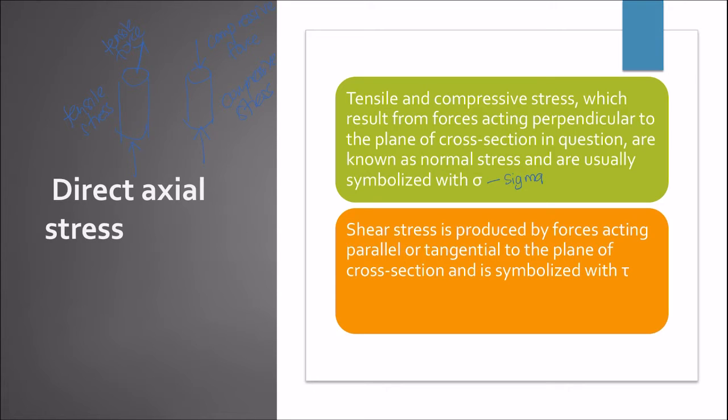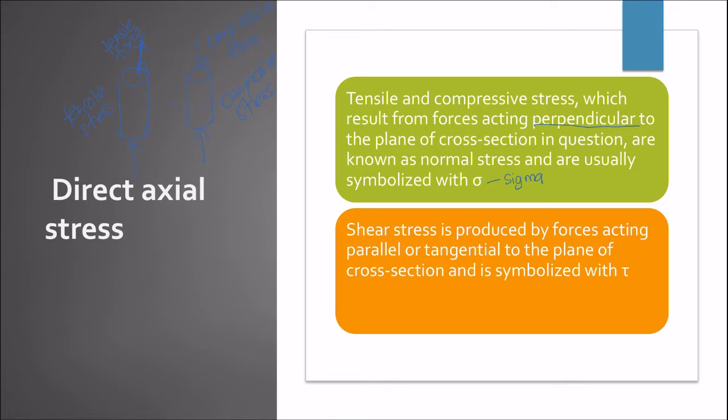Okay, so it is perpendicular to the plane, which means it is 90 degrees. So which plane? Okay, you cut this. It can be any cross section, any part of the cross section of the object that is in tension or in compression, that is in stress.